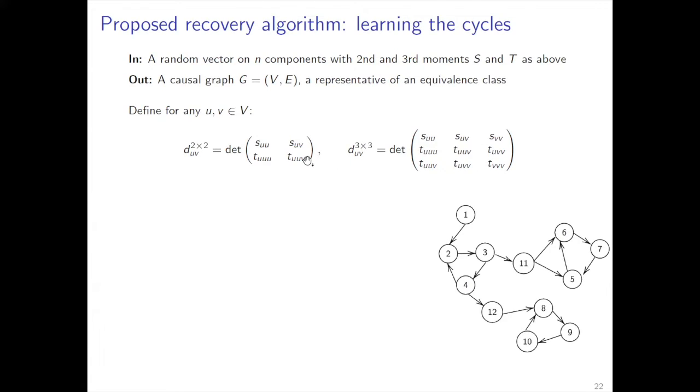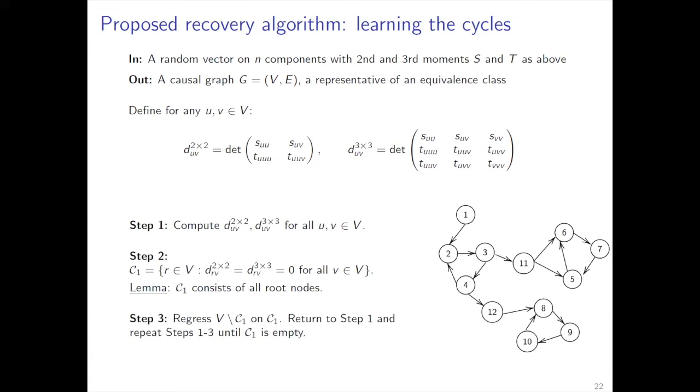And so the algorithm in the acyclic case that I described from Wang and Drton, they just use this kind of matrix. So this is exactly what they do. But now, because we have cycles, we're going to use this matrix as well. So we're going to use these two types of matrices. First we're going to compute these d_uv^2 and d_uv^3 for every pair of vertices u and v.